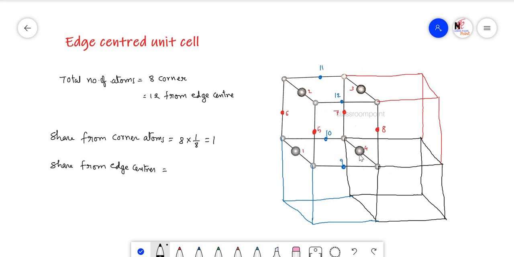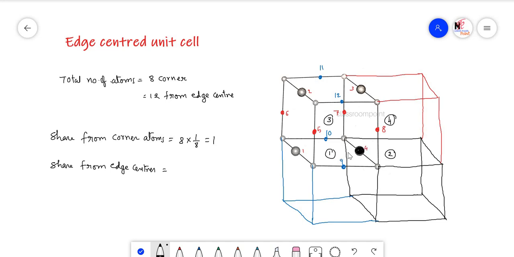Each edge is shared among the 4 unit cells. You just take this one as an example. This is the center of the edge of the cube. Now, this is initially shared between 1 unit cell, 2 unit cells from the bottom side. And from the top side, here the 3rd unit cell is there, here the 4th unit cell is there.